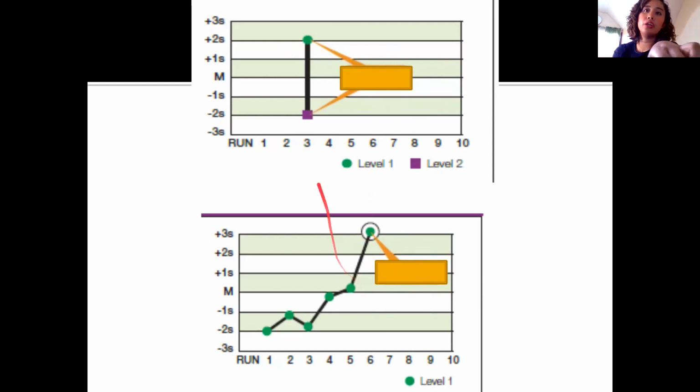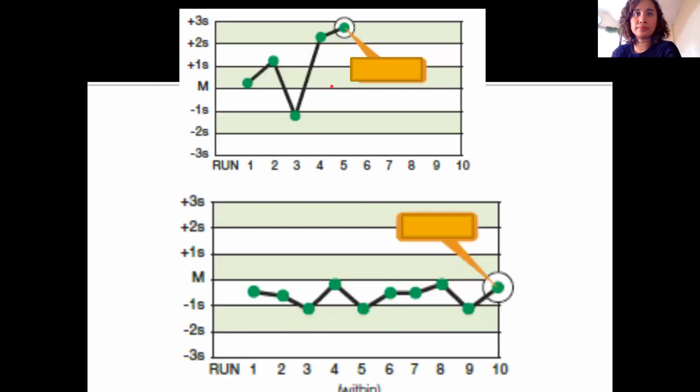Random error. This one, lumampas ng 2S, 2-2S. So, this is a systematic error. This one, 1, 2, 3, 4, 5, 6, 7, 8, 9, 10. So, they lie on one side of the mean. So, kung di ako nagkamali, shift, or 10x.